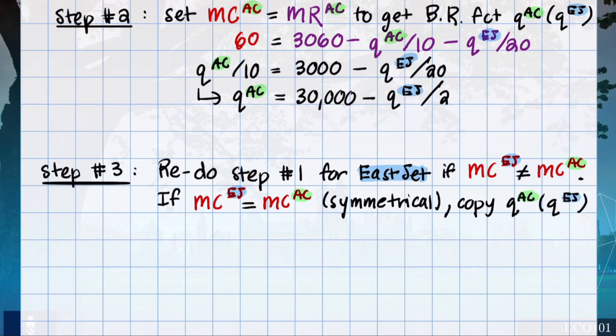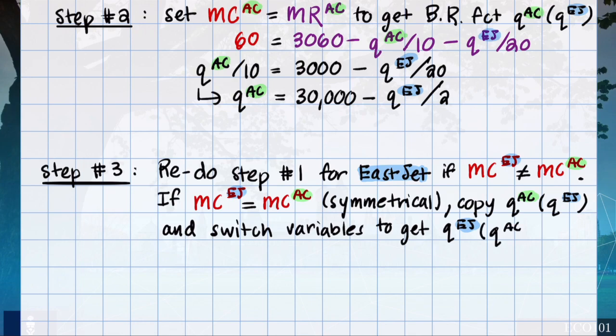The only thing that you need to do if this problem is symmetrical is to switch the variables in the best response function, because both firms are going to best respond in a symmetrical way. So I will just take the same function for EastJet that I found for Aero Canada and just switch the values.